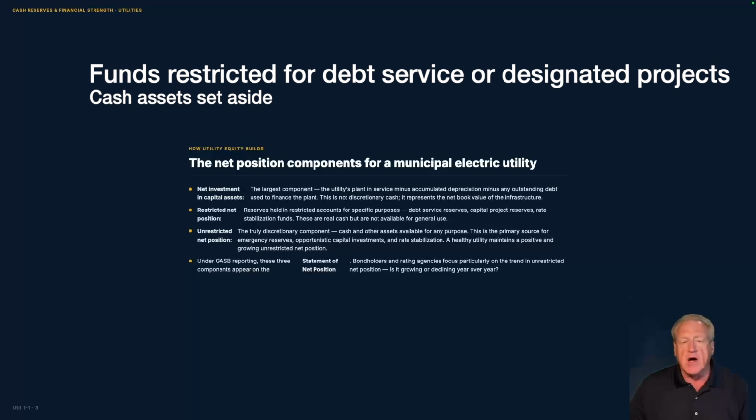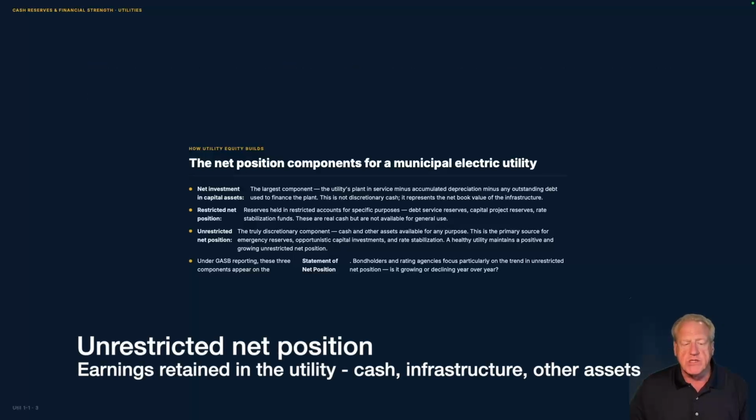And that leaves us with unrestricted net position, which is really the retained earnings of the organization. And it really isn't necessarily all cash. It is truly the running total of your gains and losses since you opened the doors for business when you first became a utility.